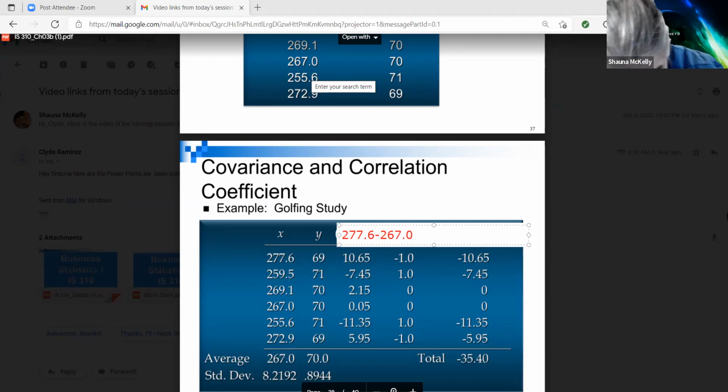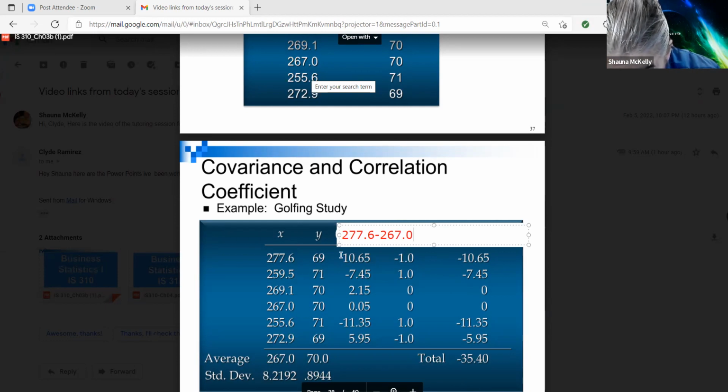If you subtract it, you'll get 10.65 is what she gets. You'll get like 10.6 because she probably rounded these, but that's where she's getting it from. Okay, that's where it's coming from.